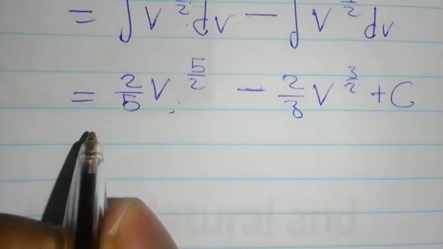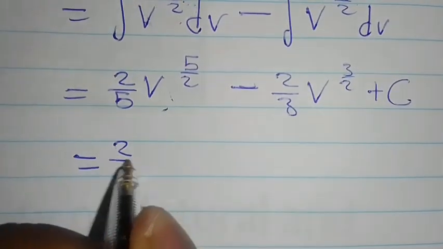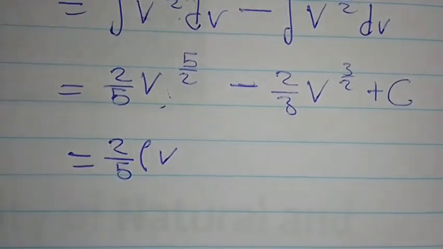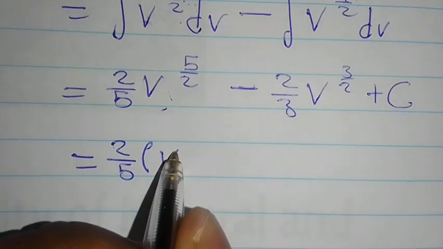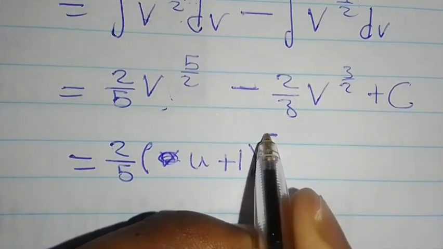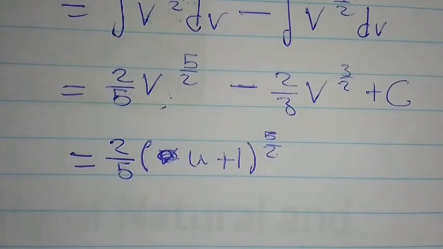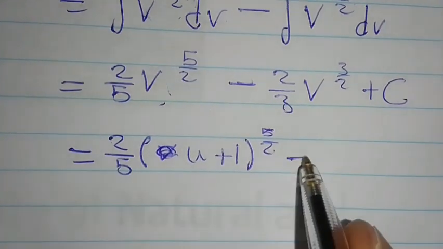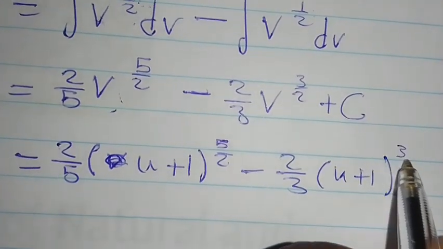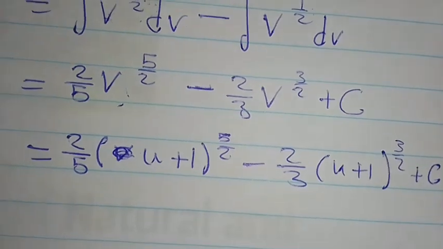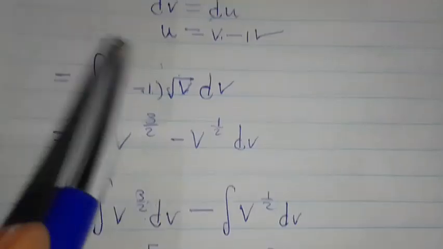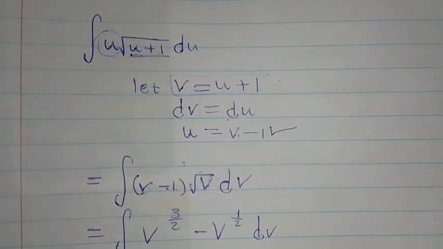So this will be the same as 2 over 5 multiplied by u, sorry about that, u plus 1 to the power 5 over 2 minus 2 over 3 times u plus 1 to the power 3 over 2 plus c. Then you can further simplify this. I'm just gonna stop here. But then basically you can see how substitution works.